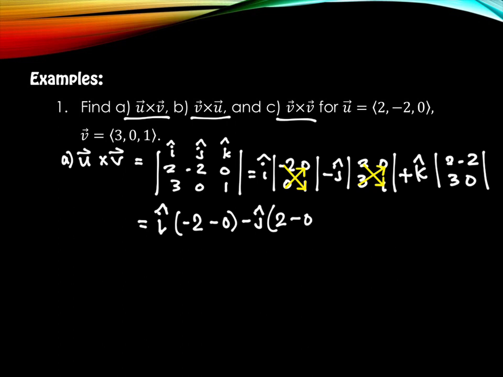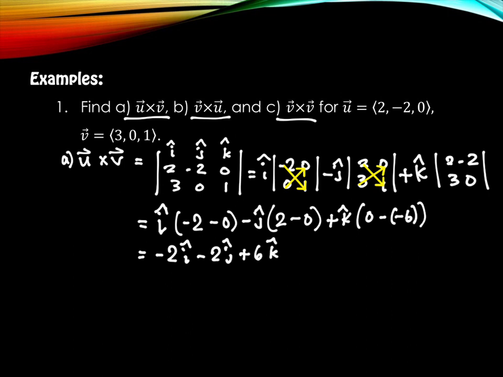And then minus the 0, which gets multiplied back up, and then plus K. K is actually 0 when we multiply down, and then it's minus negative 6. I'll write it in there just to be clear. Or plus 6 at the end when we multiply back up. And if we simplify a little bit of the multiplication and so forth, I have negative 2I minus 2J plus 6K.